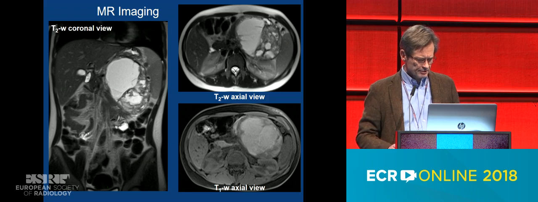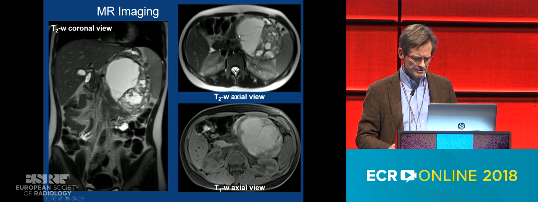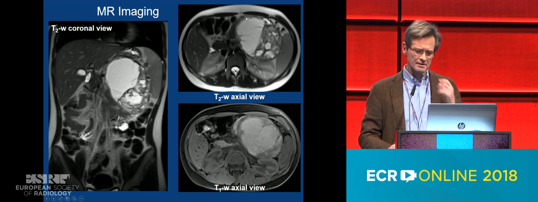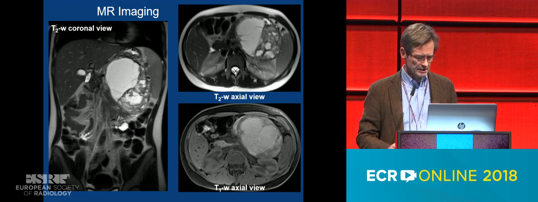On the MR, you may see a very large cystic component, and this clearly emphasizes that even without contrast administration, MR has a much, much better contrast resolution than contrast-enhanced CT, at least for this specific case.